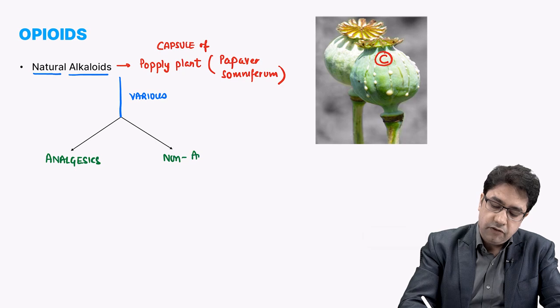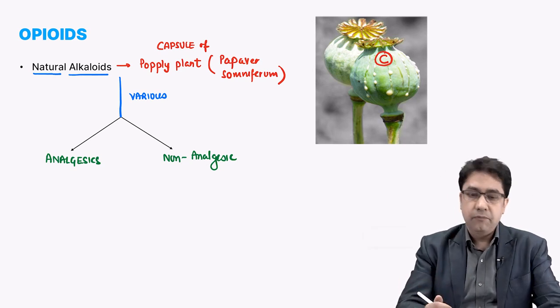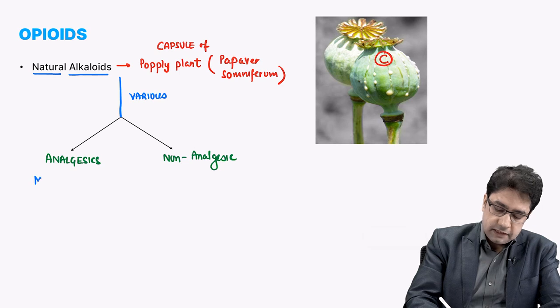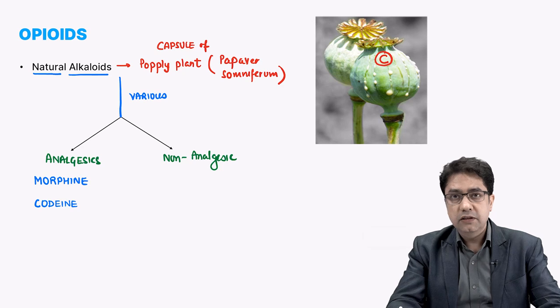They don't have any pain relieving property. The natural alkaloids with pain relieving property obtained from this plant are only two molecules. One is morphine, a natural drug, and the brother of morphine, codeine. These two are natural opioids obtained from this plant.